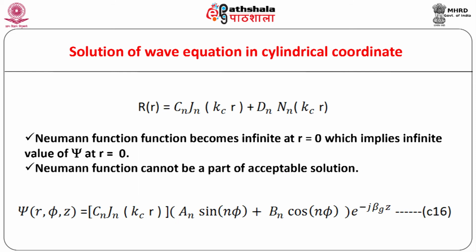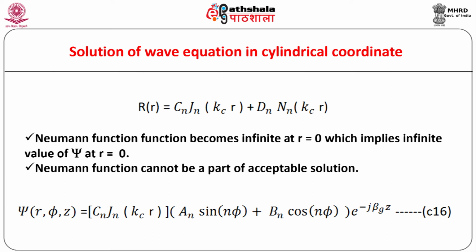Observe the function R of r. In the plot of Neumann function Nn of kc r versus kc r, it will be observed that the function becomes infinite at r is equal to 0, which implies infinite value of psi at r equal to 0.